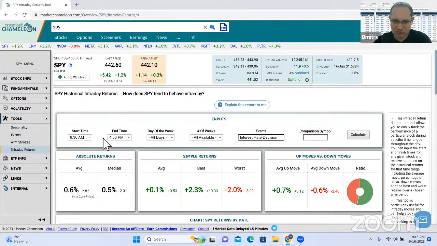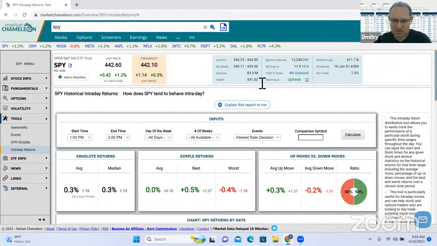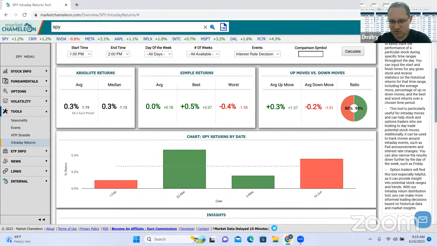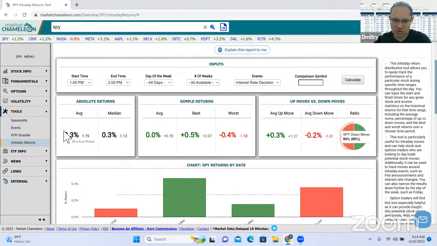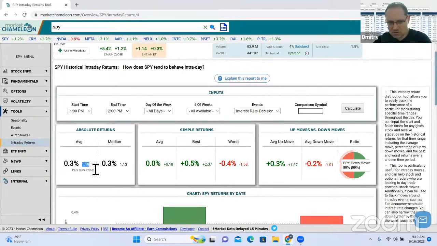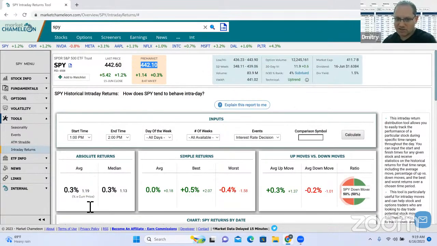So let's do ahead of it. What time is the Fed decision? Usually 2 o'clock. So let's see what happens between 1 p.m. and 2 p.m. when there's an interest rate decision. Okay. So again, we only have so far 4 observations, but here's what it looks like. On average, it moves around 0.3%, which if we translated it to this current price is $1.19.